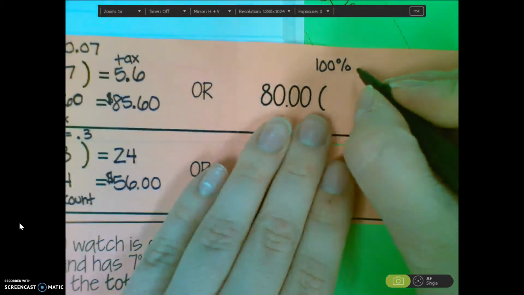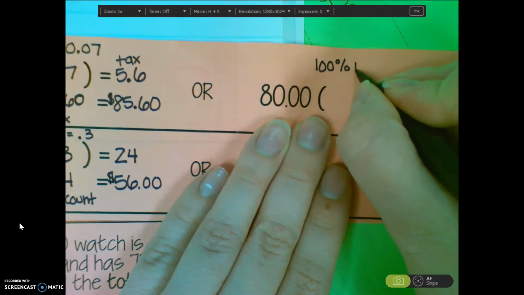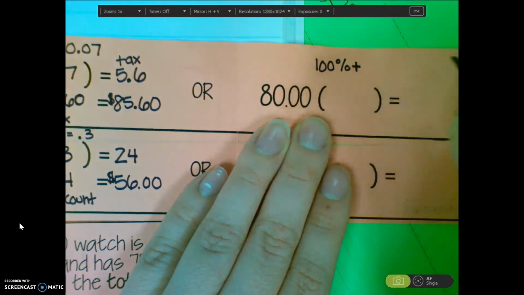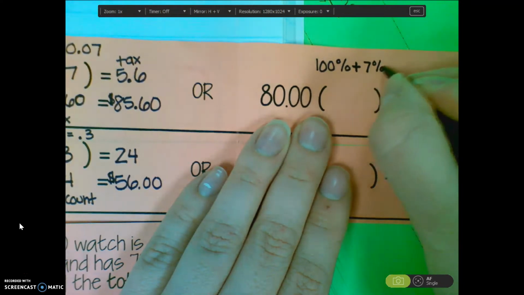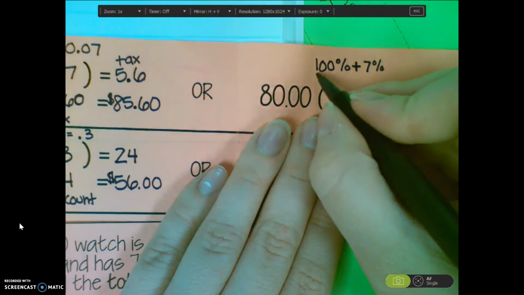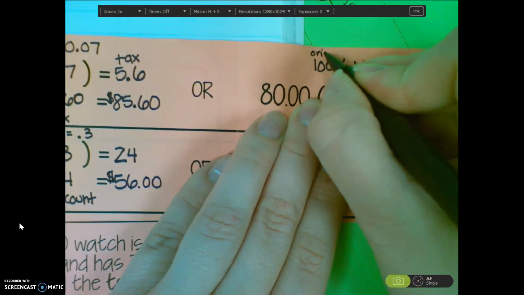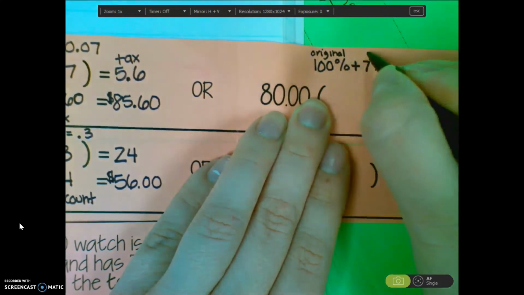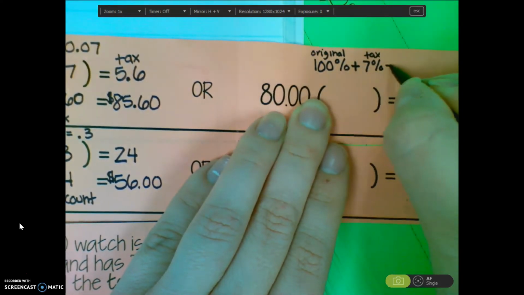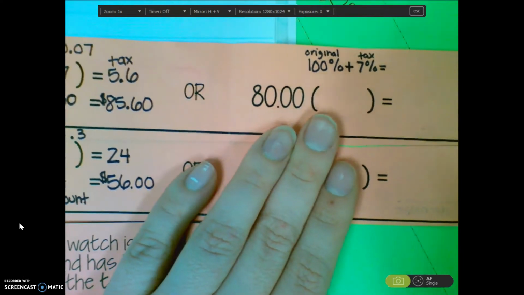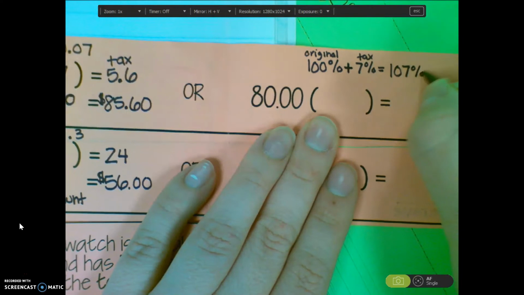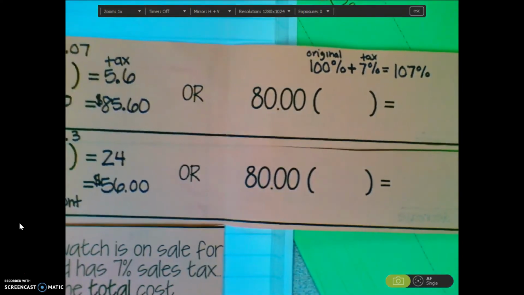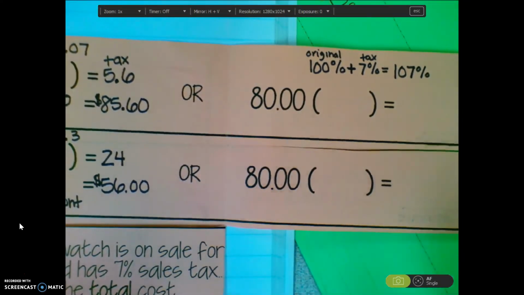Because we are doing a percent increase, because we're adding on taxes, we're adding on 7% of our total. So we're taking this as our original amount, and we're adding on 7% in tax. So in the end, what percent are we actually paying? We're paying 107% of our original amount in the end, because we added on that 7% tax.